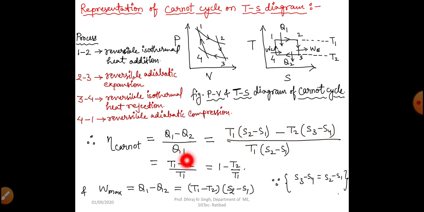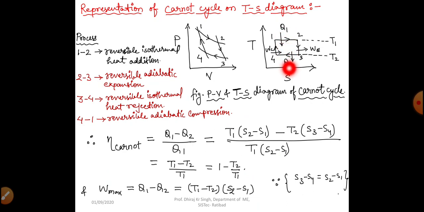So finally we will have the expression T1 minus T2 divided by T1, and the expression will become 1 minus T2 by T1. So this is the expression for Carnot cycle efficiency, 1 minus T2 by T1. T2 is our lower temperature and T1 is our higher temperature, right? If we want to find maximum work, maximum work is the difference of heat supplied and heat rejected.